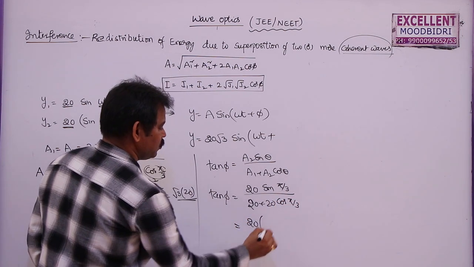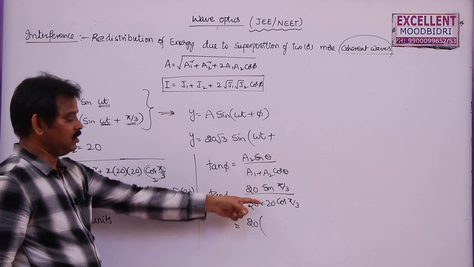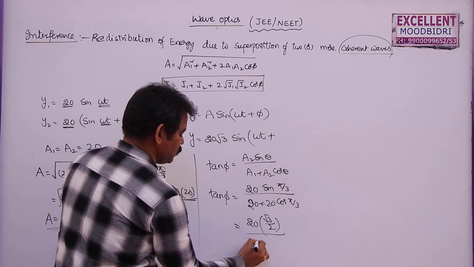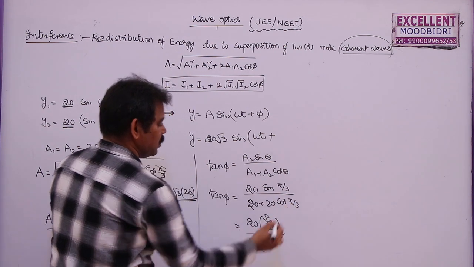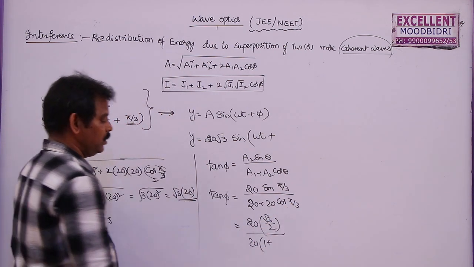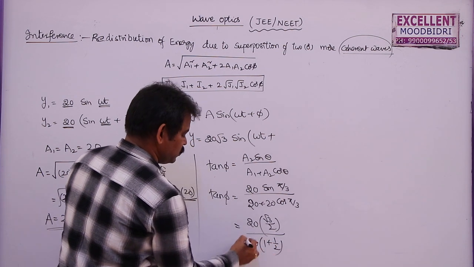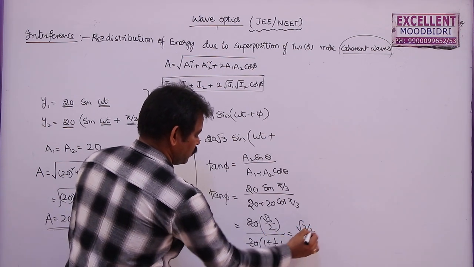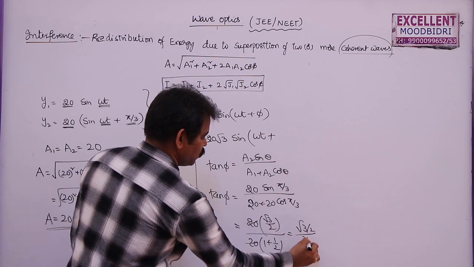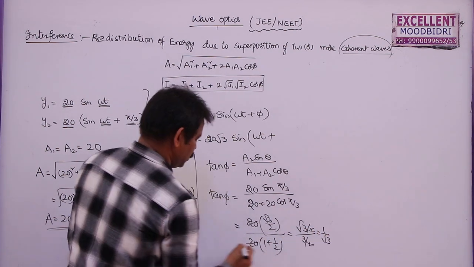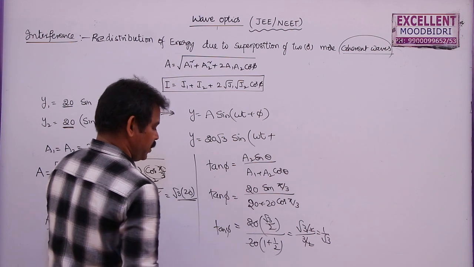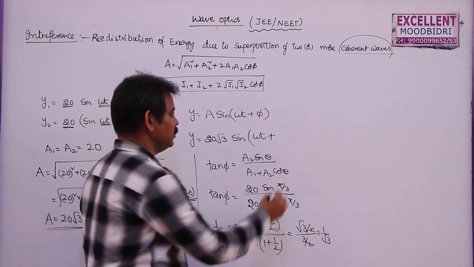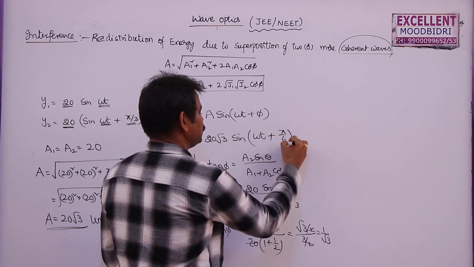So 20 into sin 60 is root 3 by 2, divided by 20 into 1 plus cos 60, which is 1 by 2. The 20 cancels, giving root 3 by 2 divided by 3 by 2, which is 1 by root 3. This is equal to tan phi. So tan phi is 1 by root 3, hence phi is 30 degrees or pi by 6 radians.